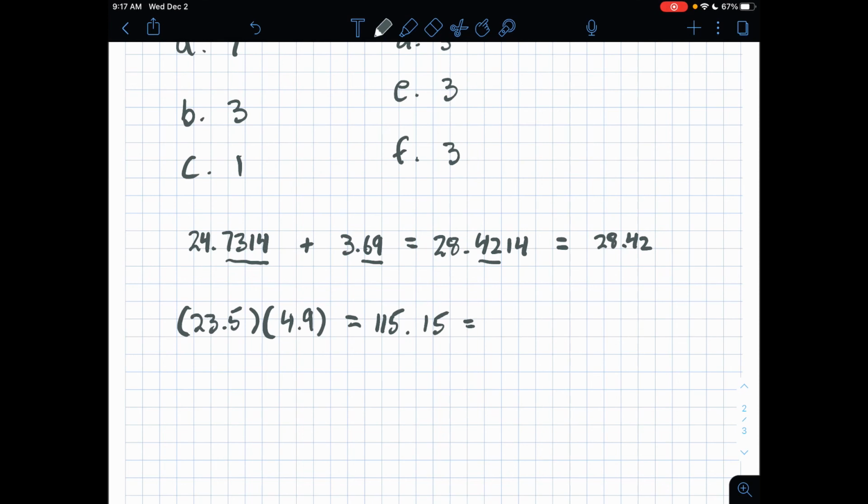Rounding to the sig figs is going to be slightly different from adding and subtracting, where instead of rounding to the number with the smallest amount of decimal places, you just round to the number with the least amount of sig figs. So in this case, it is 2. So you have to round this number to 2 sig figs, which will make it 120. Or you could also write it in scientific notation, which would just be 1.2 times 10 to the 2.